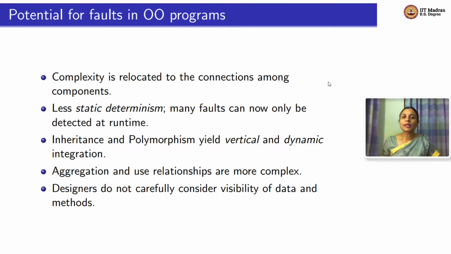The problem is that in object-oriented programs, how complex it can get is basically focused on the connections that exist in the components. Connections could be in terms of class inheritance, in terms of methods overriding each other, in terms of the access levels of the methods and the variables owned by each class. A lot of these things cannot be determined statically.